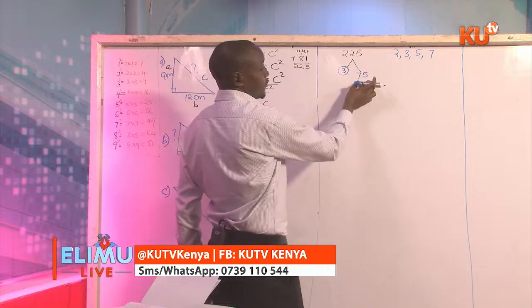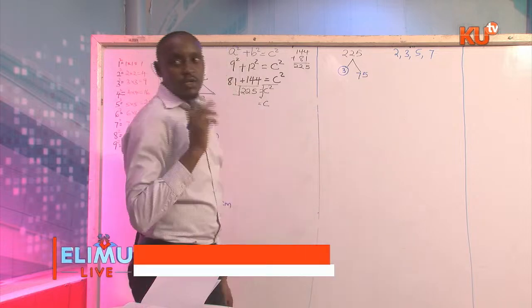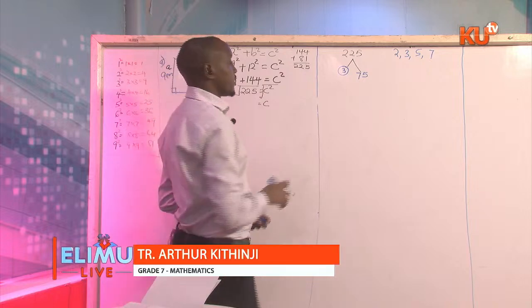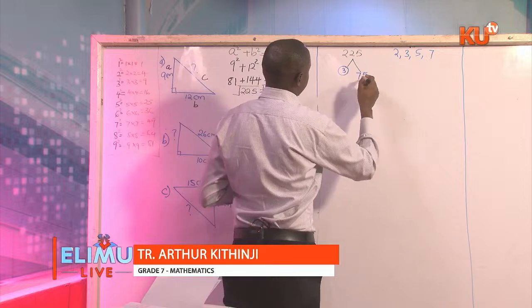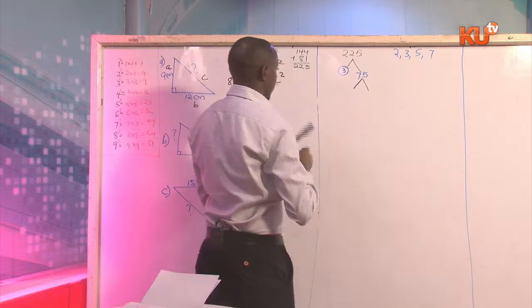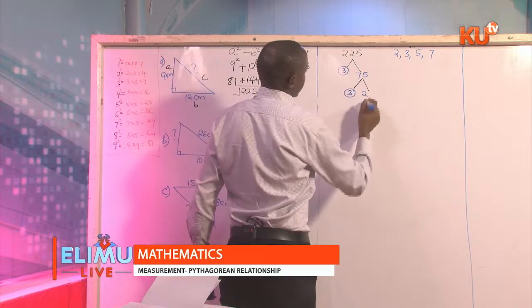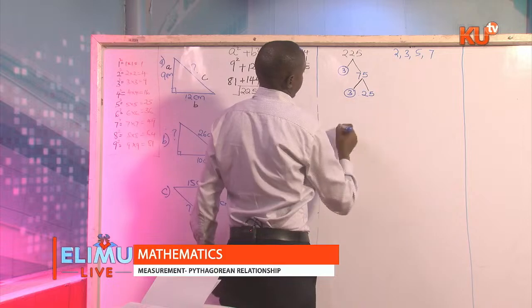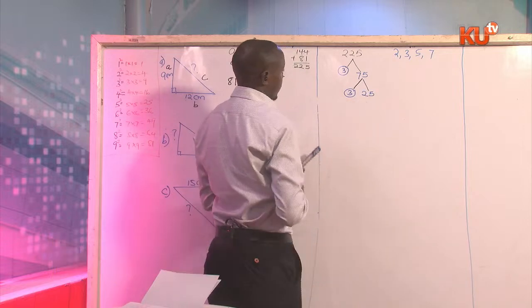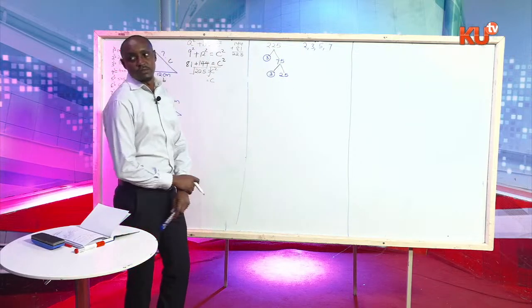Still again, check the divisibility test of 3. 7 plus 5 is 12, and 12 is divisible by 3, which means the entire number here is also divisible by 3. Dividing by 3, we get 25. This is not divisible by 3 because 2 plus 5 is 7, and 7 is not divisible by 3.